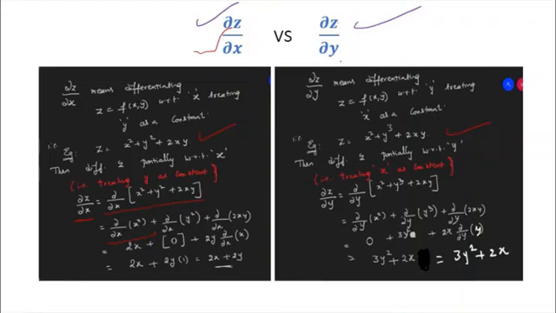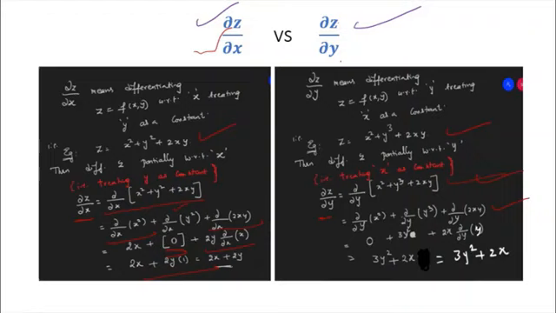Dou by dou x of x square is 2x, and dou by dou x of y square is 0, and dou by dou x of 2xy is 2y into dou by dou x of x, which is equal to, dou by dou x of x is 1. And similarly, you can check the same function with a little bit of difference in the y power. So dou z by dou y is equal to dou by dou y of x square plus dou by dou y of y cube plus dou by dou y of 2xy.